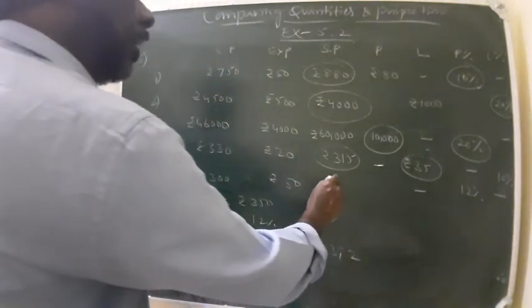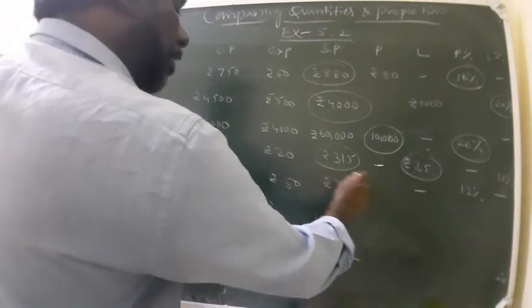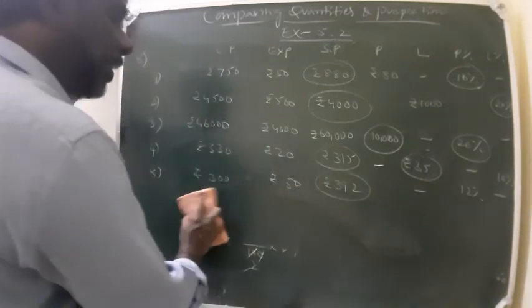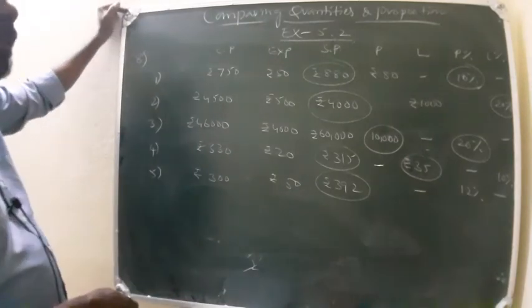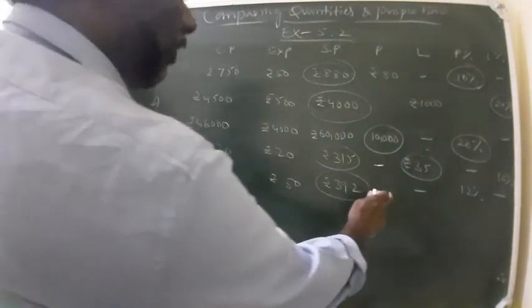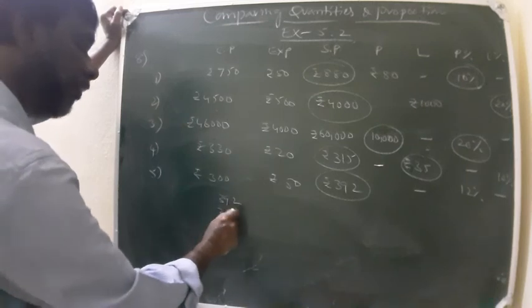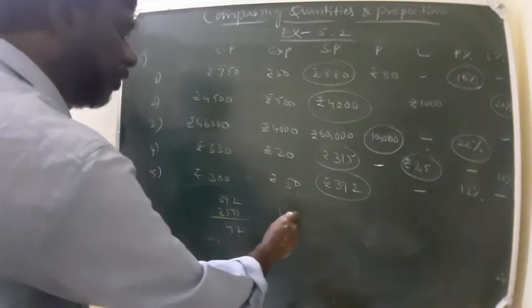So the selling price is how much? 392 rupees. Next you have to find profit. The actual profit is 392 minus 350, that is 42.